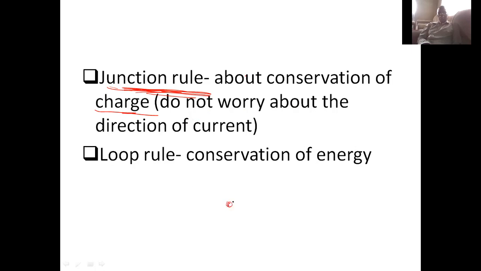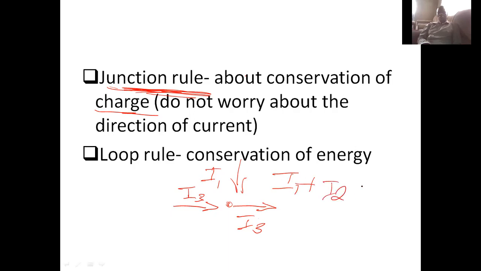If you have a junction, with a current coming in here and another current coming in, and this one leaving the junction, then current 1 plus current 2 should be equal to current 3.